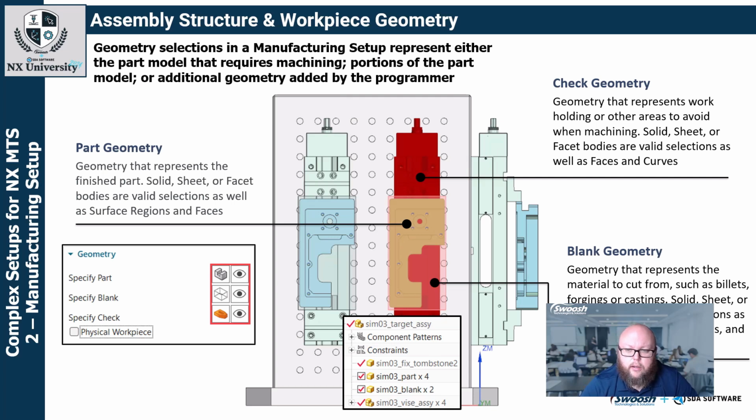Again, we'll take a look at some more advanced level ones like the IPW workpiece here in a little bit. And then lastly on this slide, we're going to take a look at check geometry. Again, check geometry is just another term that we use for any non-cut geometry. Typically are fixtures in most cases, but it can be used in other scenarios as well.